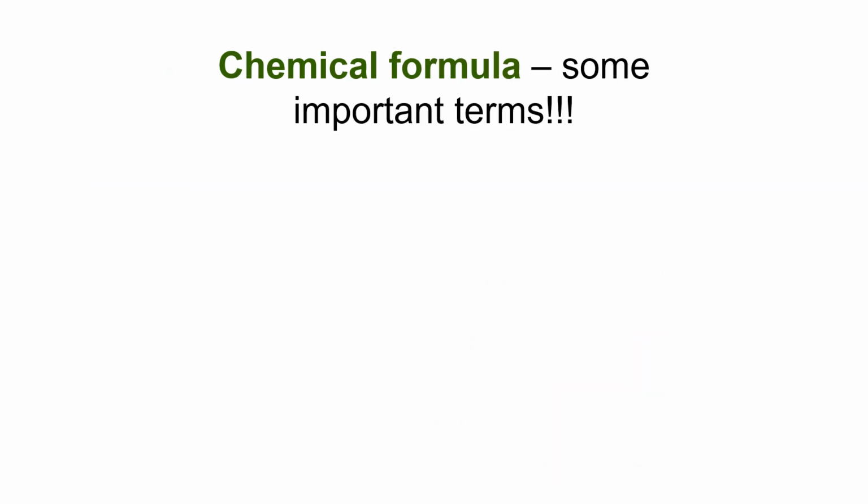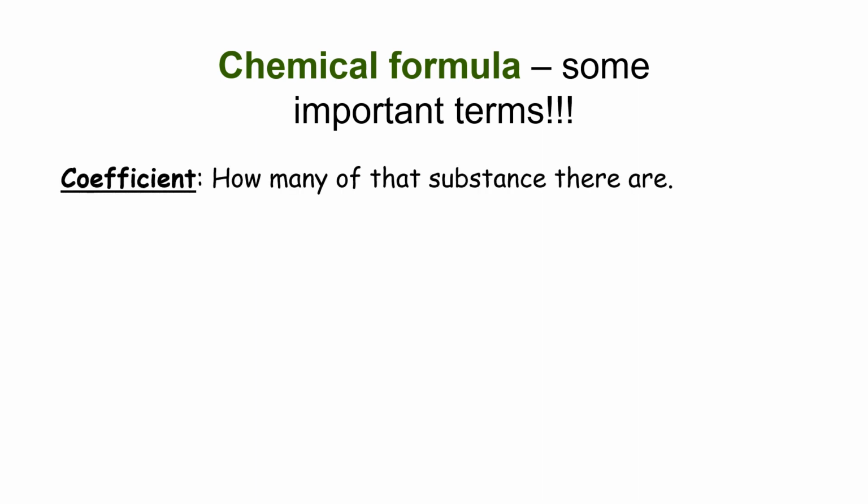Now, while we are talking about the chemical formula, some of the important terms to remember are a coefficient. A coefficient is a number that's given with a compound in like a chemical equation or something, and that just tells you how many of that specific substance we have. So for example, here it's just telling us we have 2 moles or 2 molecules of sodium chloride.